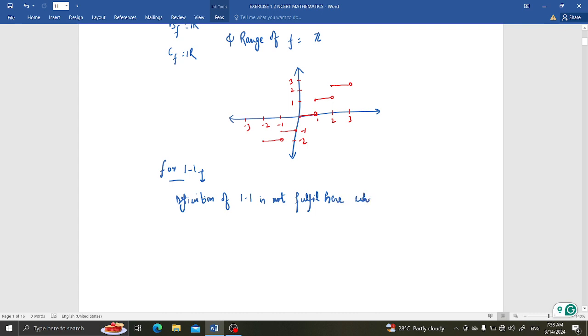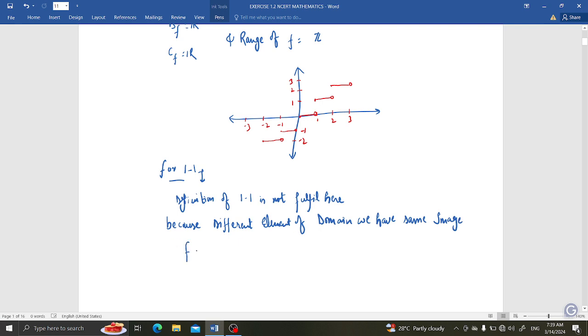Why so? Because for different elements of the domain, we have the same image. How?